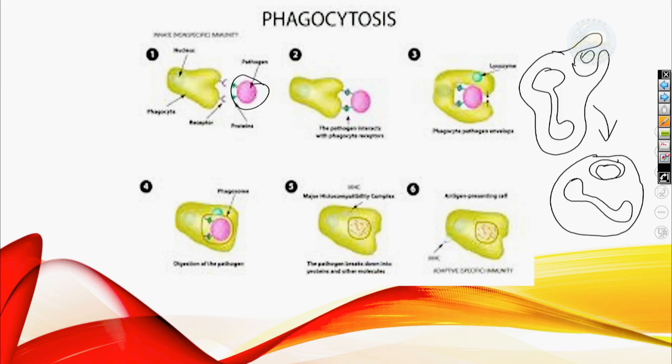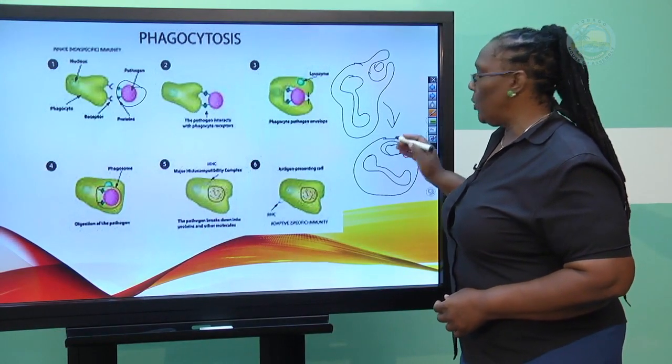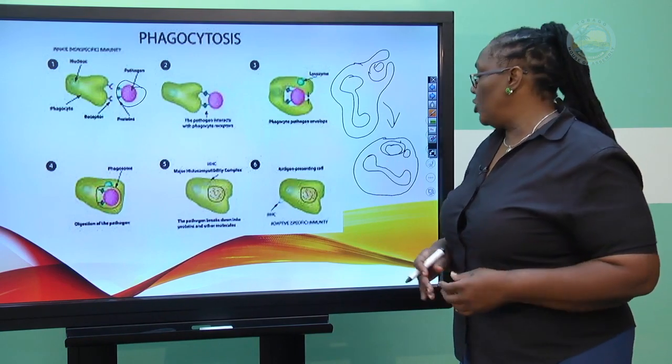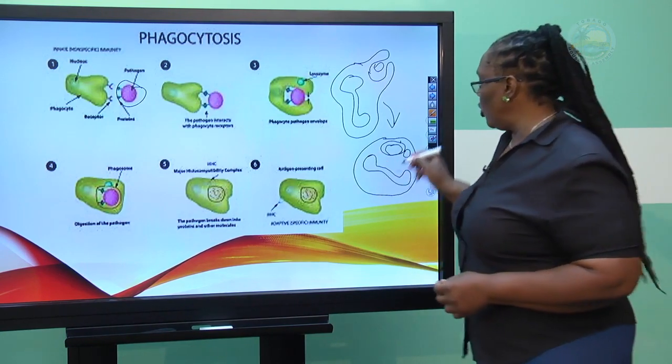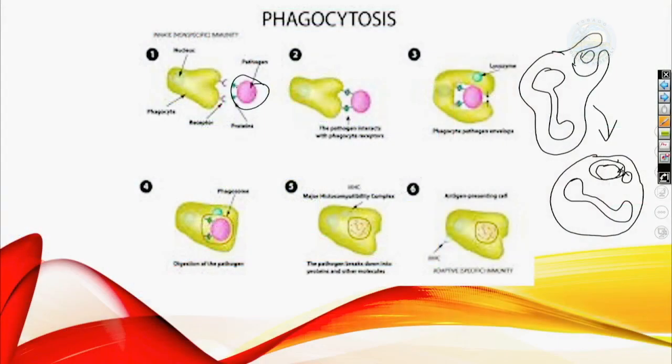What happens eventually is that you may have a lysosome which may attach itself to this structure, and so it will bring certain hydrolytic enzymes and so on, which will now flow into here and break down whatever the pathogen was that was invading, and it will kill it. So this cell eventually may kill the pathogen.